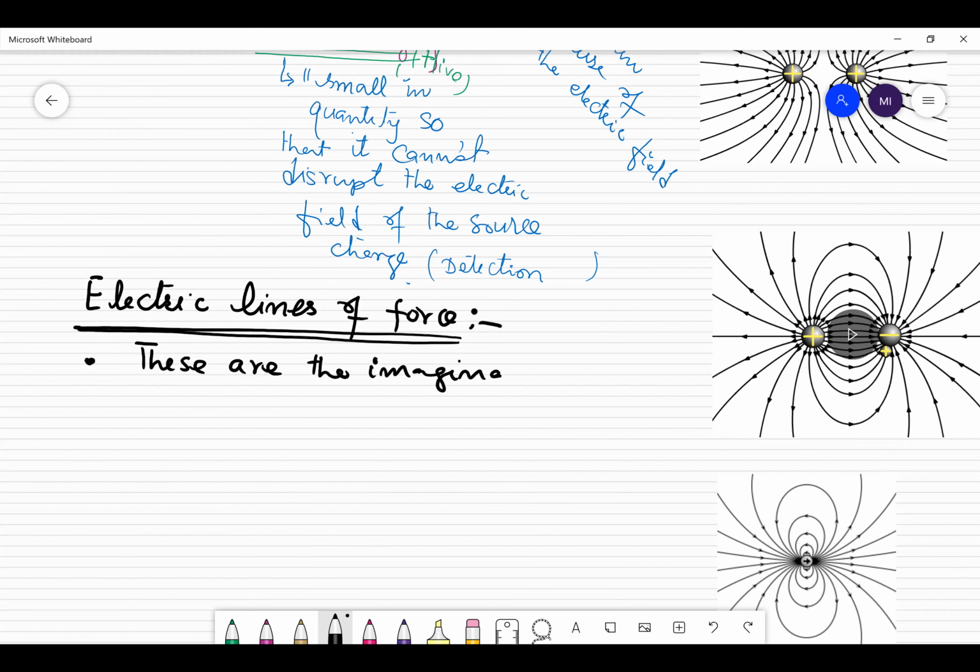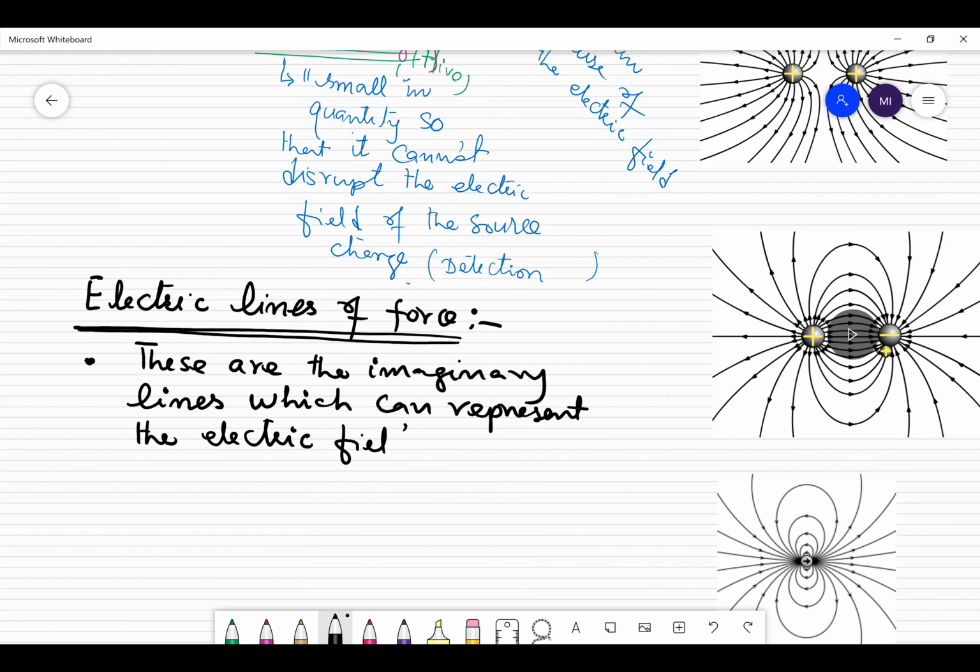These are the imaginary lines which can be drawn around a charged particle, and they represent the electric field around a charged particle or a charged body in space.